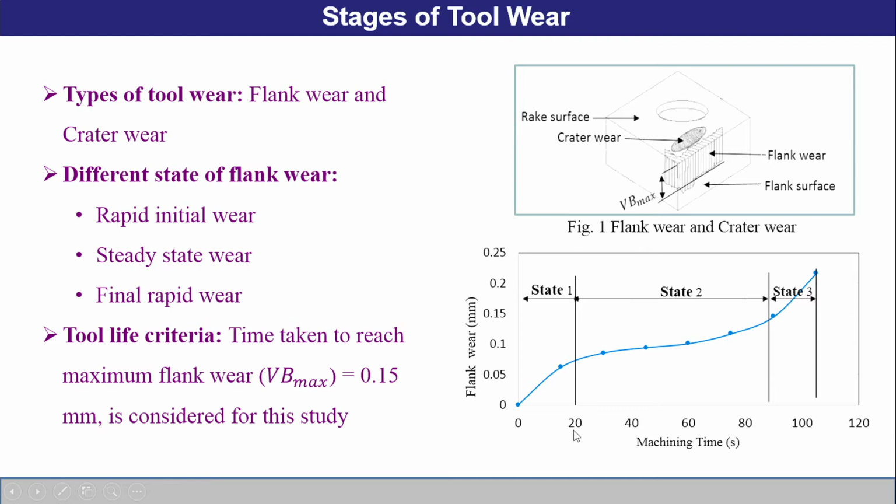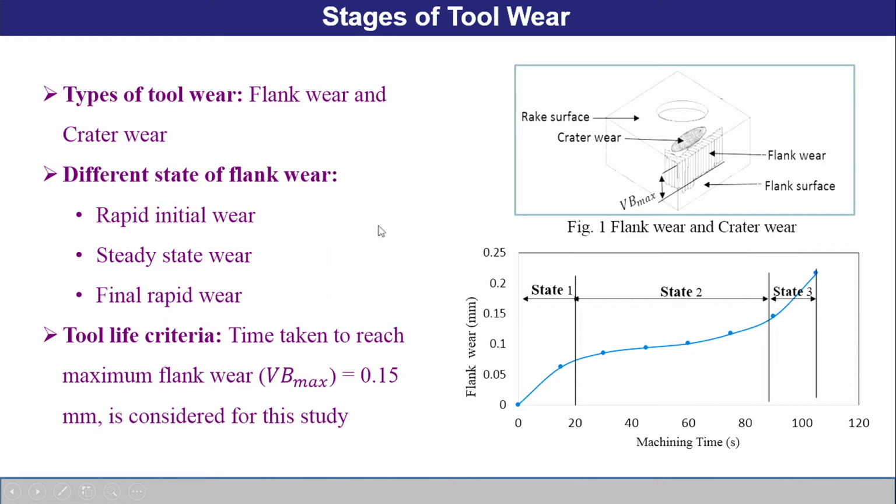Once this stage is crossed, the rate of increase of flank wear is less. This is the most important period, where the cutting tool exhibits its most successful life, and then it increases further, exponentially.